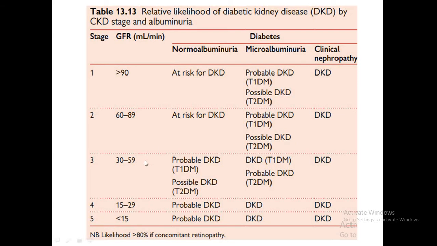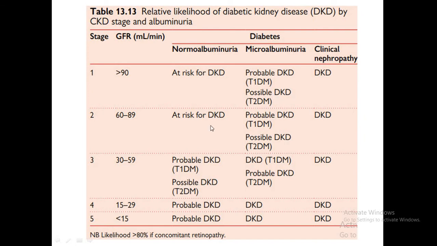Whereas when you go to stage 3, you have probable diabetic kidney disease or possible diabetic kidney disease in type 1 or type 2 respectively if you have normal albuminuria. But if you have microalbuminuria in stage 3, it is diabetic kidney disease in type 1 and probable diabetic kidney disease in type 2.